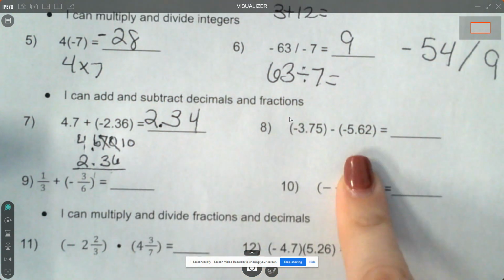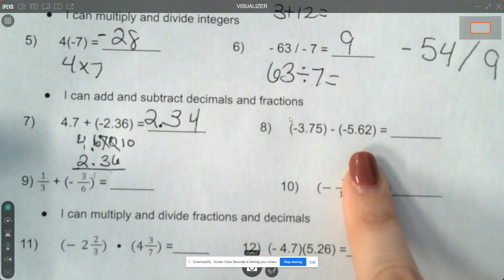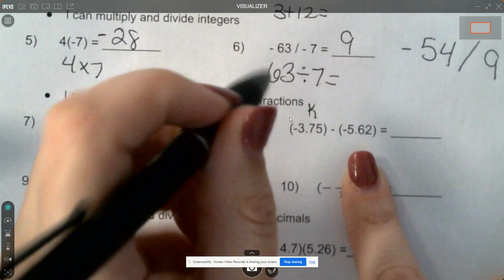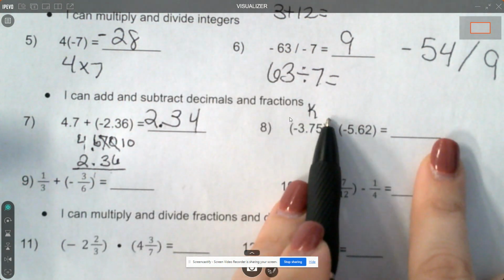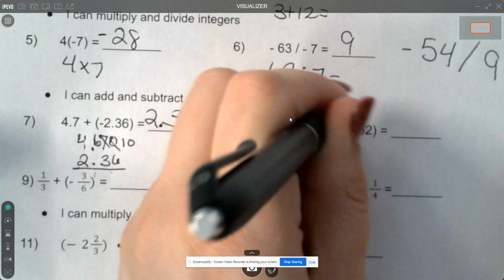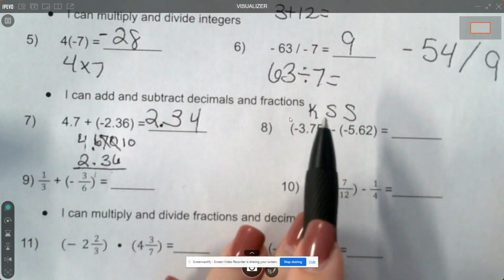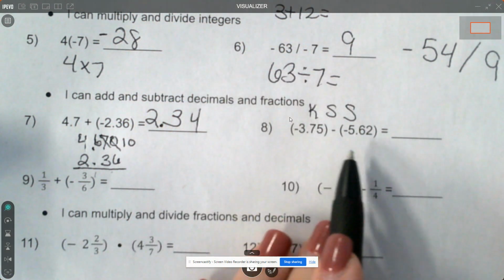Now for my decimal, this is a subtraction problem. Travis, do I have to rewrite subtraction problems? I do have to rewrite them. What are those steps that I do to rewrite them? Starts with a keep, and then what? You can do it that way. You can do keep, switch, it's the same thing. So how would I rewrite it though?